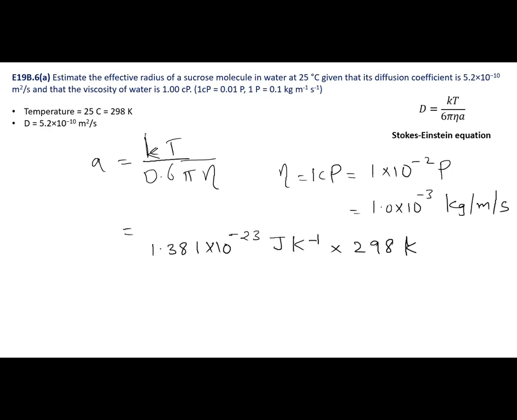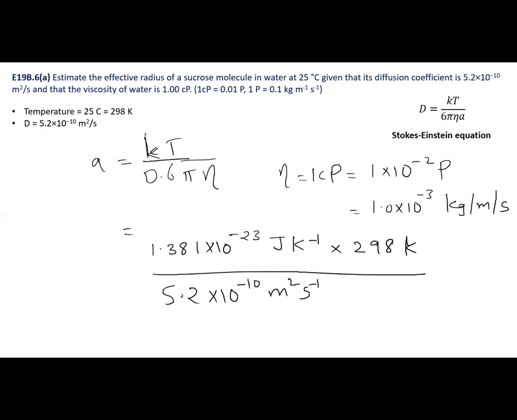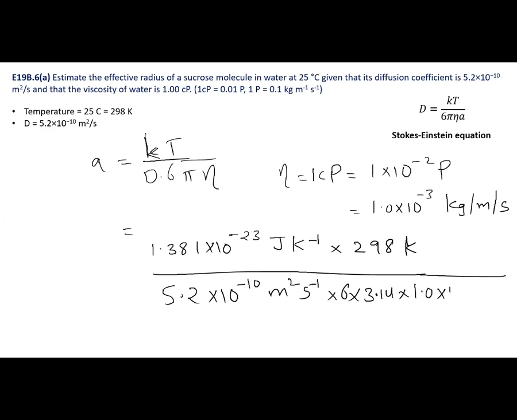That's the temperature, divided by the diffusion coefficient 5.2 times 10 power negative 10 meters squared per second times 6 times 3.14 times the coefficient of viscosity 1 times 10 power negative 3 kilogram per meter per second.